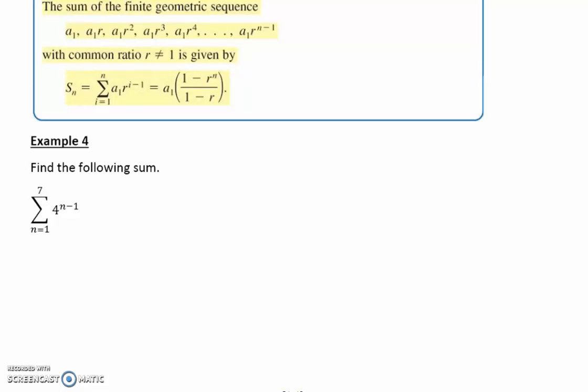In this problem, a sub 1 is 1, because there's nothing that 4 is being multiplied by. And so we know that our common ratio is 4, and then the upper limit is just n. Now we want to plug in our values.